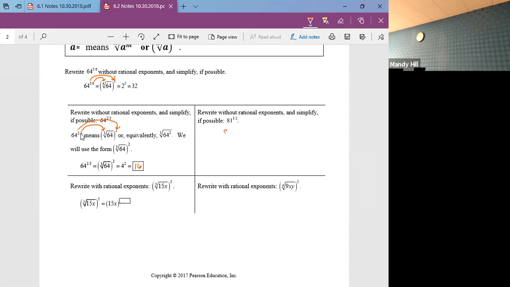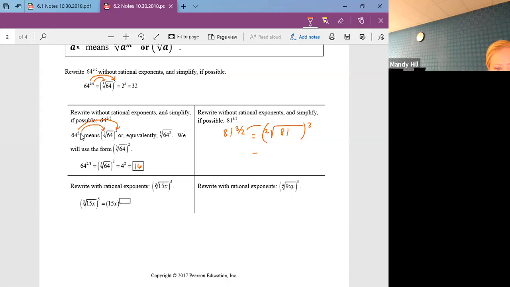So if we've got 81 to the 3/2 power, the 2, the numerator, goes in the front, the 81 goes in the back underneath the radical, and we are cubing that, okay?